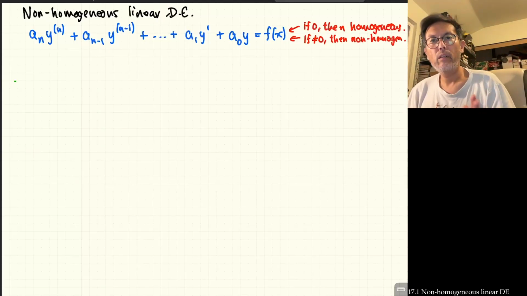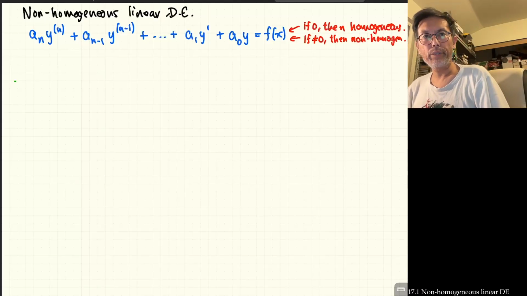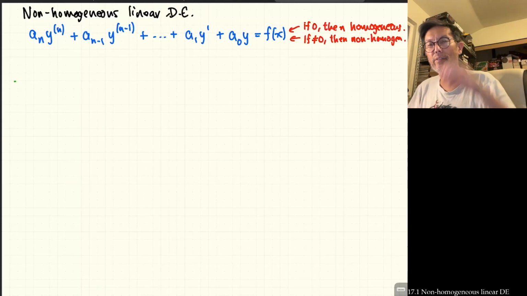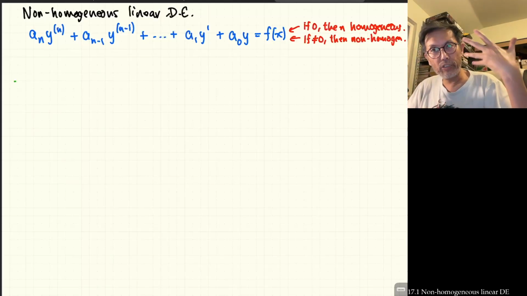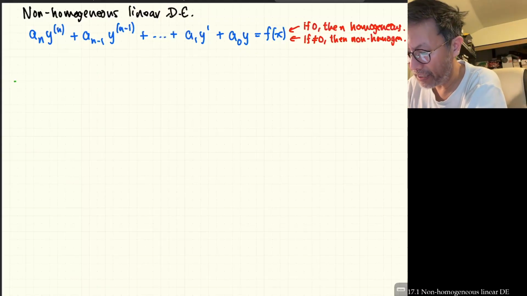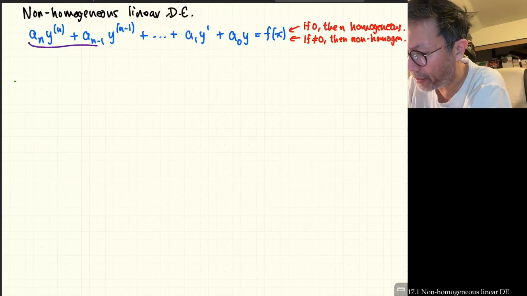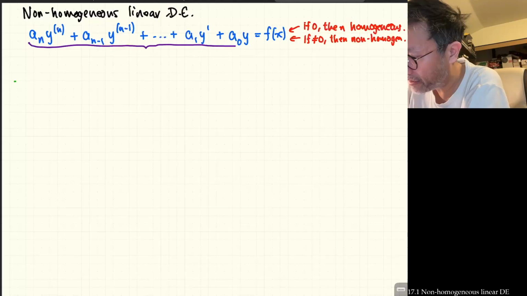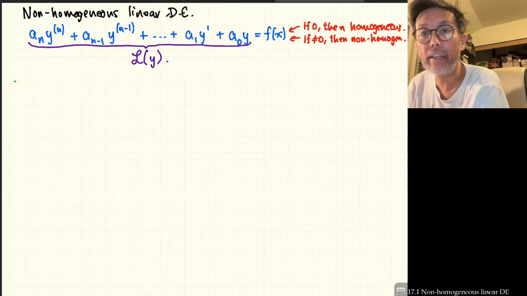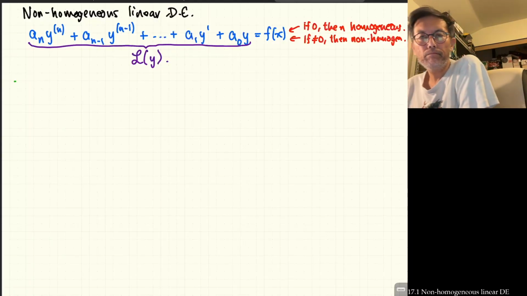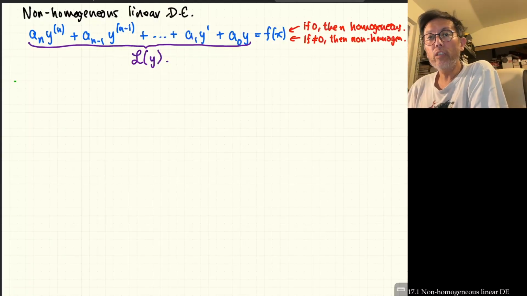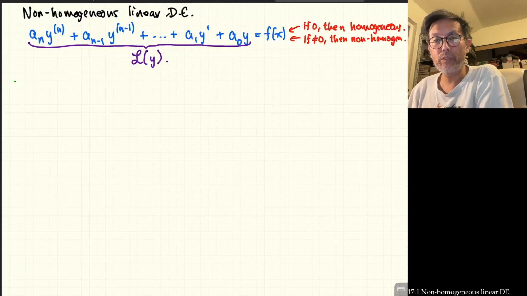Hopefully that's clear. The other thing that I want to do here, just because this is a lot of stuff to write all at once, just to simplify our way of thinking about it, is to declare that this whole left-hand side is really some linear operator, which I'm going to call L, applied to the function y. L is what's called a linear differential operator. Fancy words.